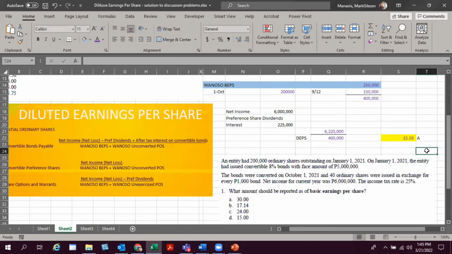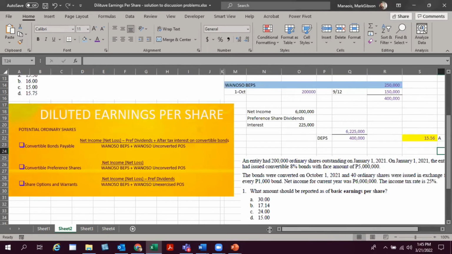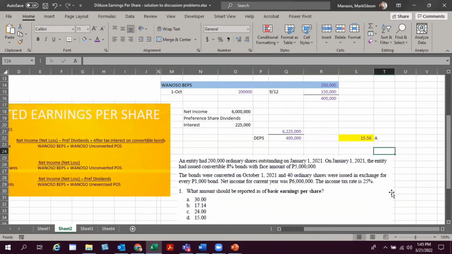Okay, so again class, this is convertible bonds payable. The only item new here is the interest. Take note, it should be after tax. Again class, do not argue with the problem on the correct income tax rate to be used. Baka sabihin mo, this is 2021, this should be 30%.